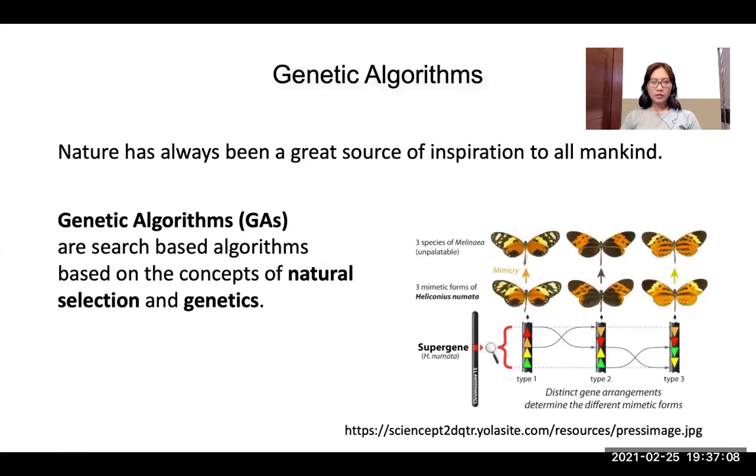Okay, so the third algorithm is called the genetic algorithm. This is another approach to find the global optima by looking at the neighbors. This algorithm is inspired by nature, based on the concept of natural selection and genetics.